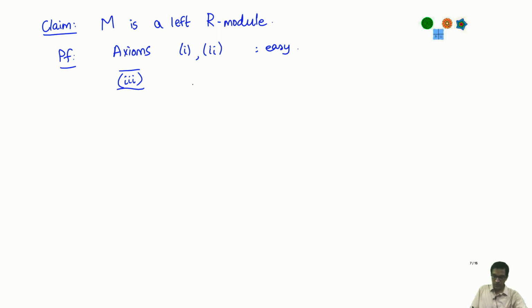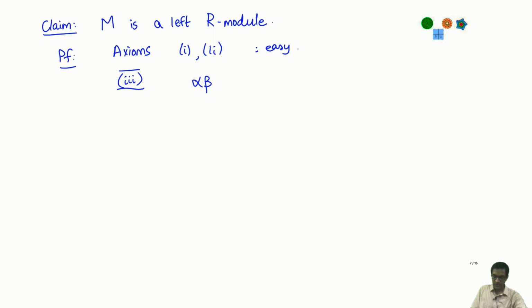So let's compute. What do we need to check for axiom 3? I need to check that if I take alpha acting on the product alpha beta acting on a vector, it should give me the same answer as successive actions.